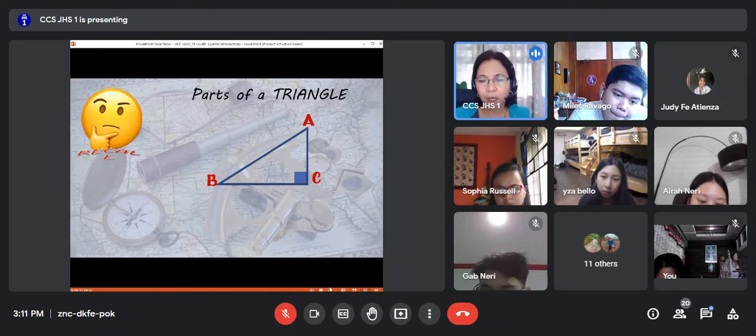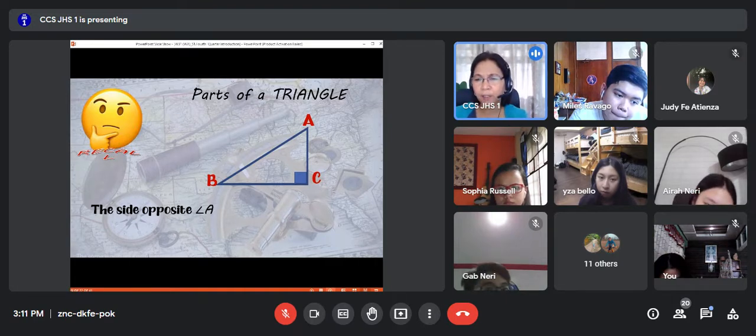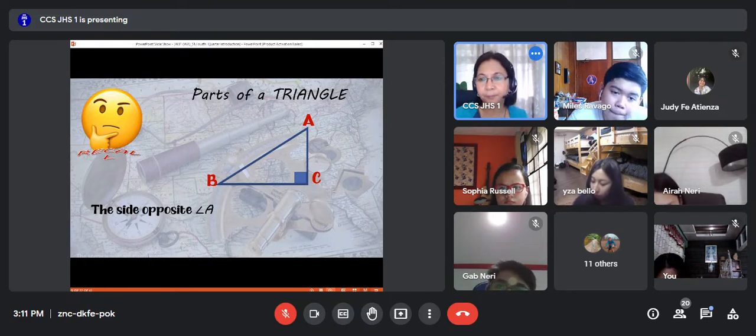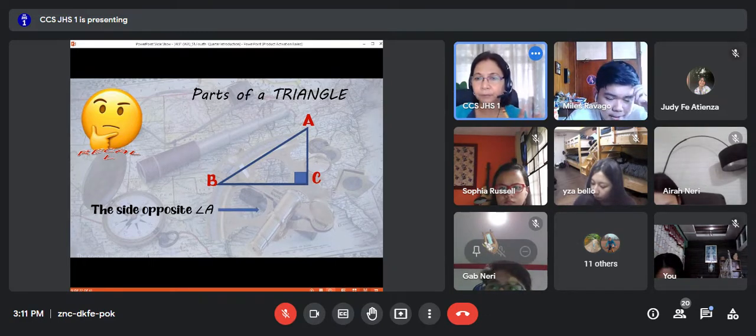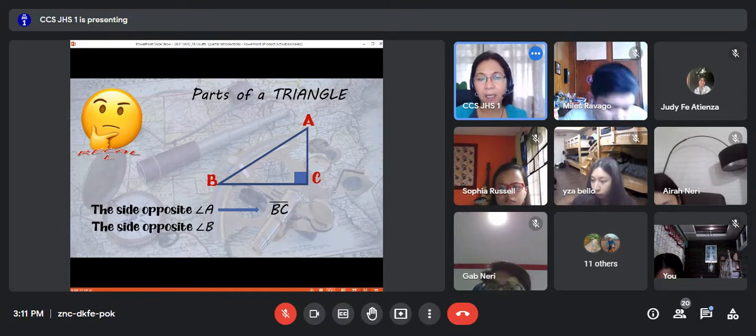So what are the other parts of the triangle that we need to know? We need to know the side opposite and the side adjacent. We have this in the third quarter. The side opposite angle A is what side? Segment BC. Okay. And the side opposite angle B is segment AC.